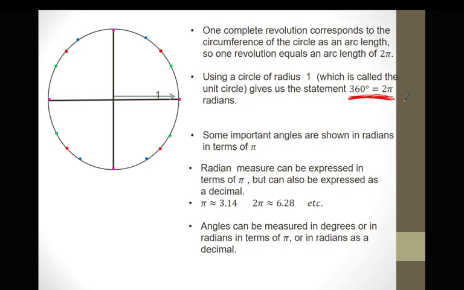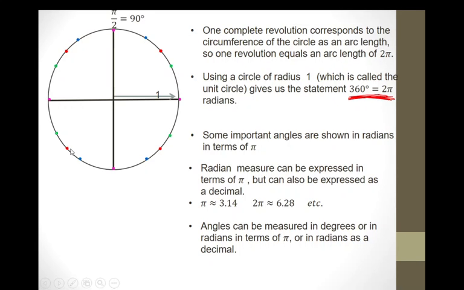Now, some other important angles are shown in radians in terms of pi as well. When we look at our circle, we also think about 90 degrees. Well, 90 degrees is half of pi. 180 degrees is the same thing as pi. 270 degrees is the same thing as 3 pi divided by 2.